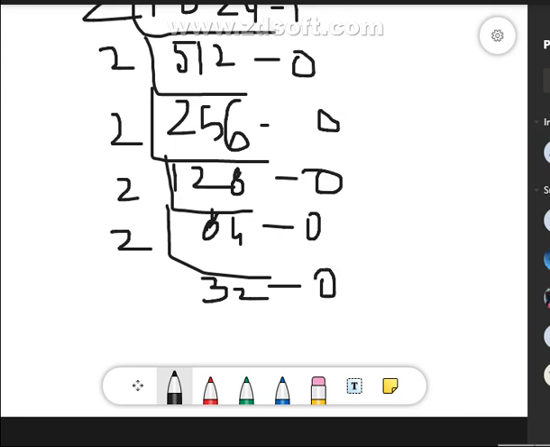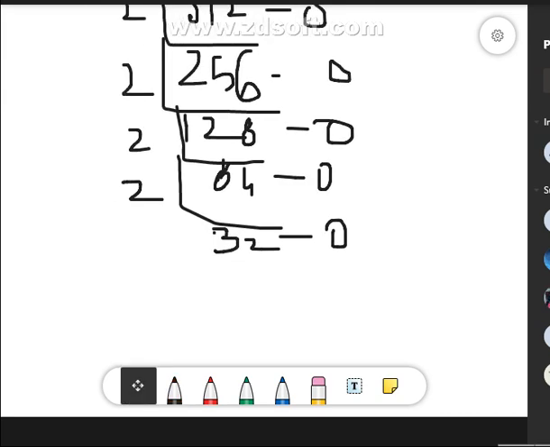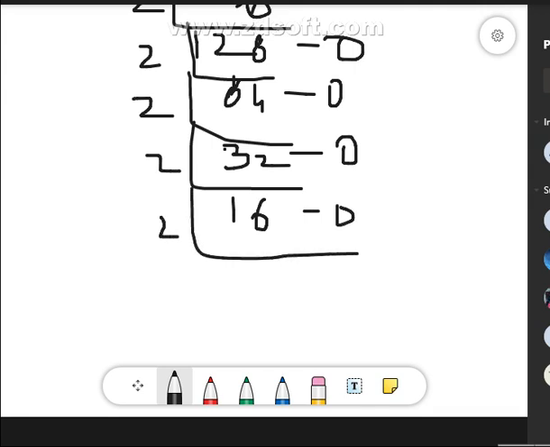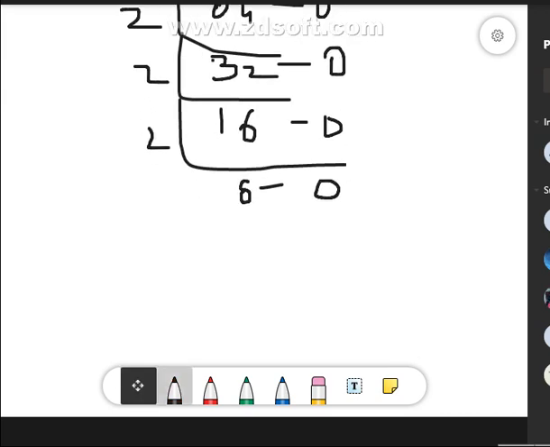The remainder is 0. 2 1s are 2, 2 6s are 12. The remainder is 0. 2 8s are 16. We have to repeat this process until we get the quotient 1. 2 8s are 16, the remainder is 0.